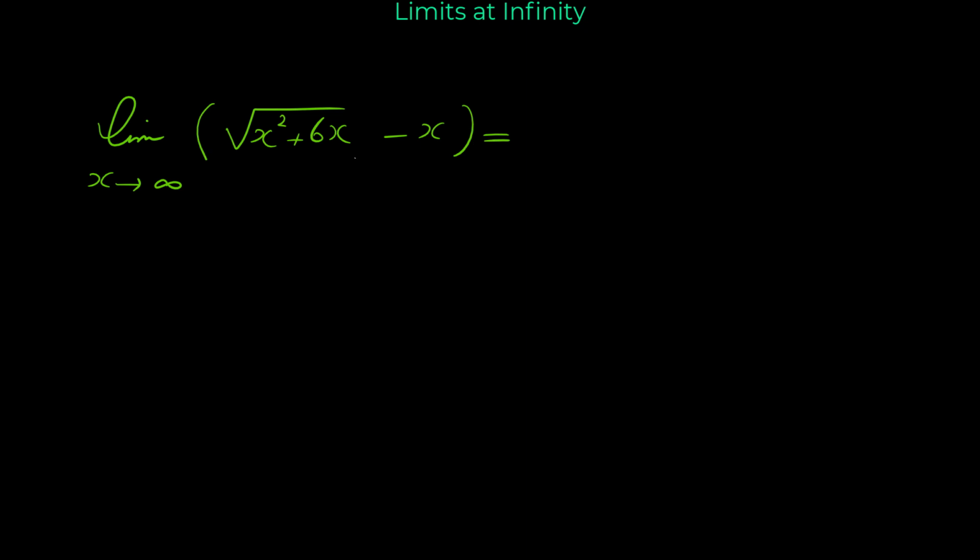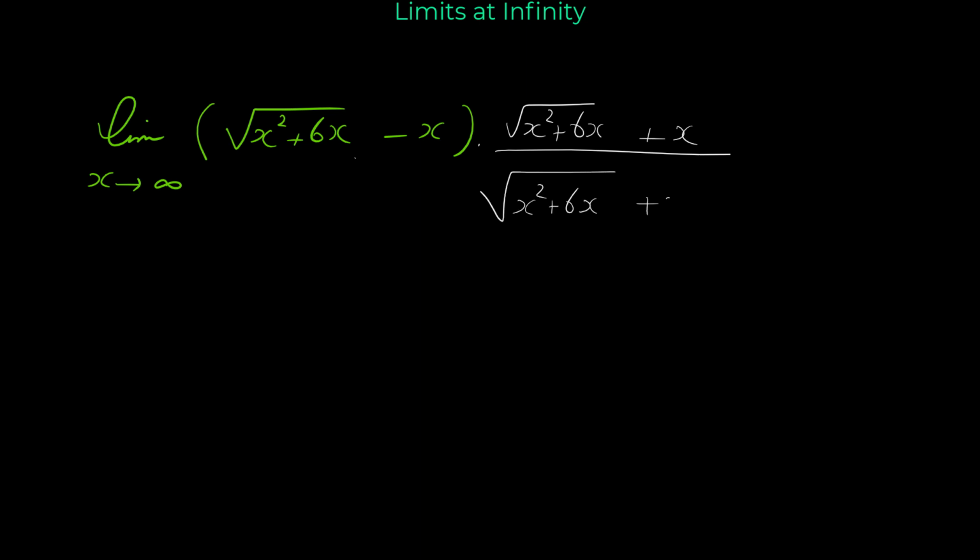So for finding this limit, we multiply the numerator and denominator by the conjugate of the expression in the bracket. The conjugate of radical (x squared plus 6x) minus x is radical (x squared plus 6x) plus x, over the same expression in the denominator. And we know that we have to multiply the numerator and denominator by the same thing.